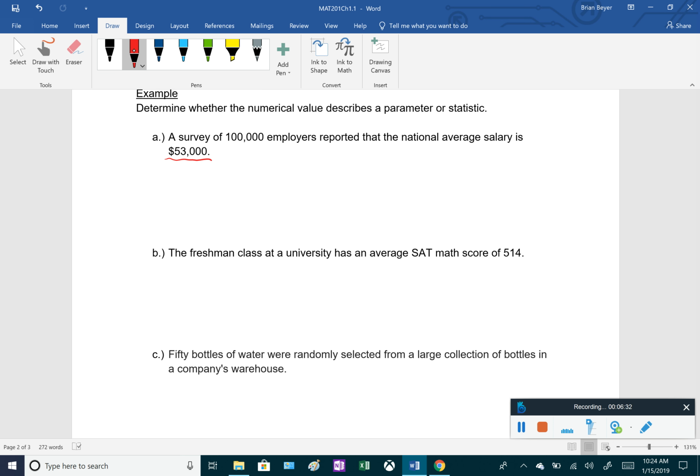Well, this is referring back to the 100,000 employers. So the 100,000 employers is a sample. That is not the entire, that's not every single employer. So since that's referring to a sample, that means $53,000 is a statistic.